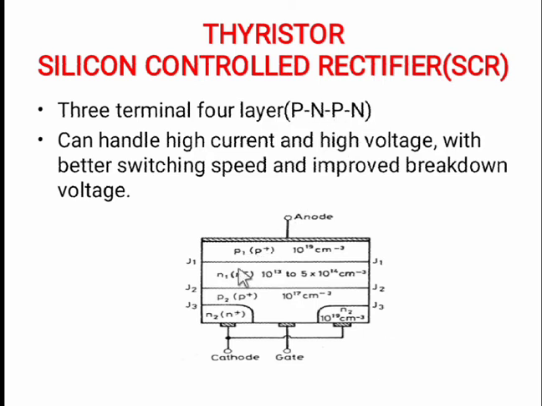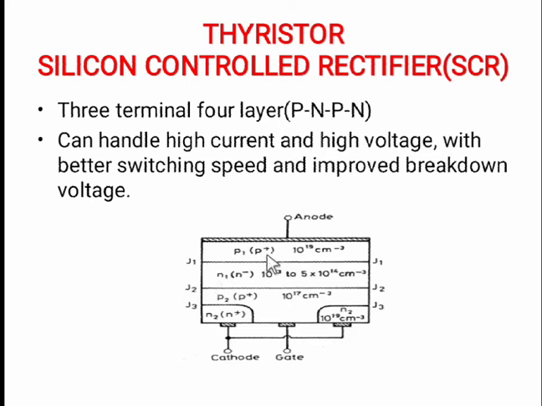In this PNPN, this P is the P plus region, this is the N minus region, this is also P plus and this is N plus. Plus indicates the highly doped region, while minus indicates the lightly doped region. In P regions, the majority carriers are the holes, while in N regions, the majority carriers are the electrons.